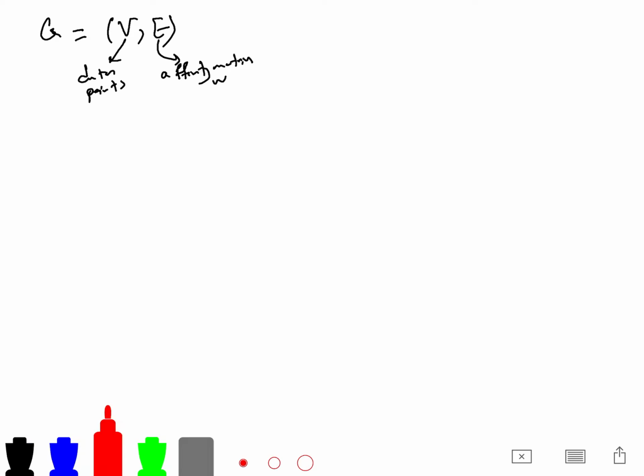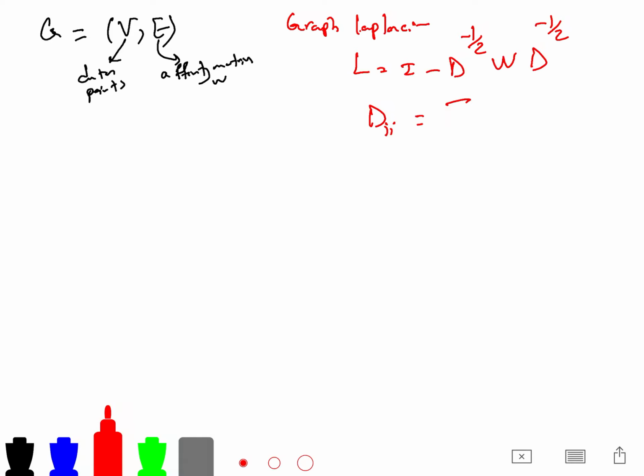And you know that I've talked about graph Laplacian in my previous talks, that L is equal to I minus D to the minus one-half W D to the minus one-half, and D_ii is just the row sum. So graph Laplacian defines a smoothness operator measured by F transpose L F, which is equal to a sum over i, j.